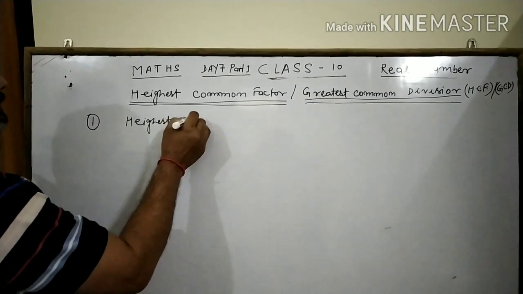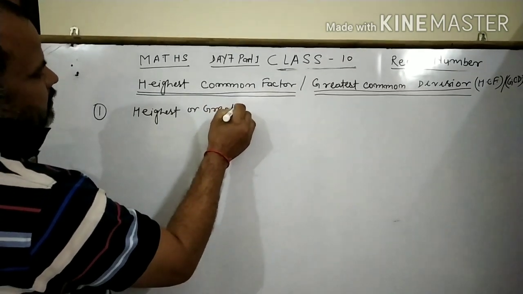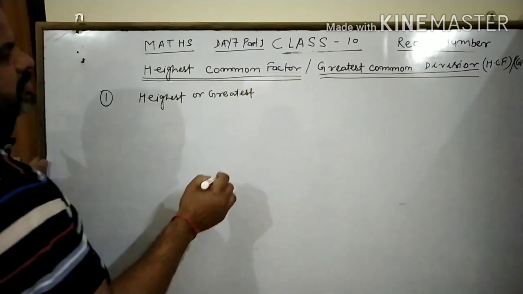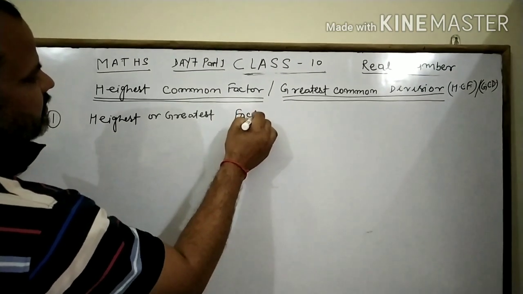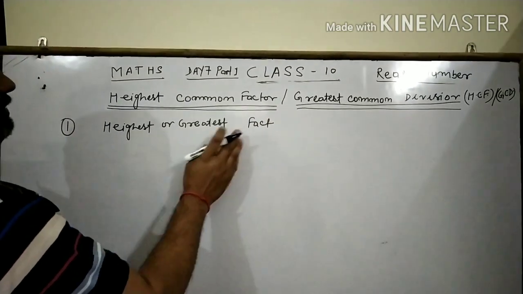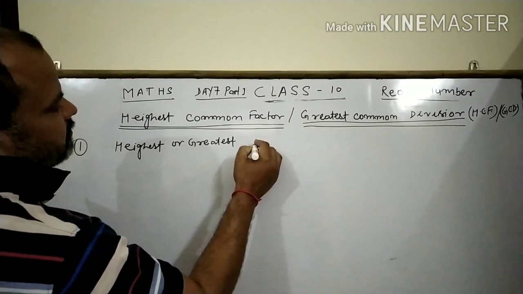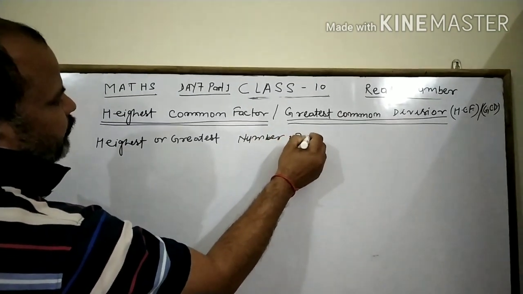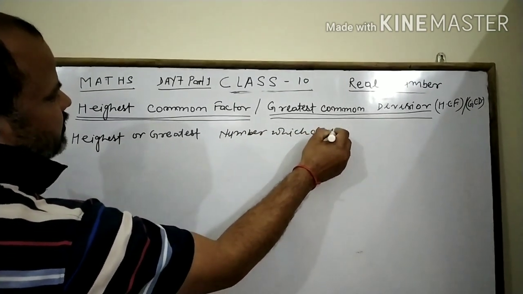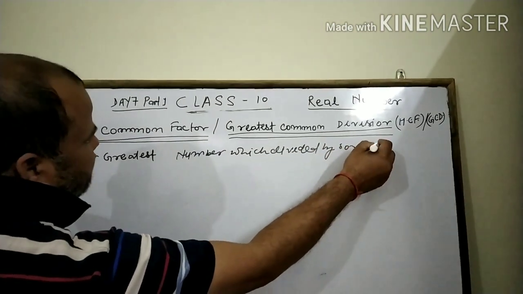or greatest factor, what is the highest and greatest number which divides some number.